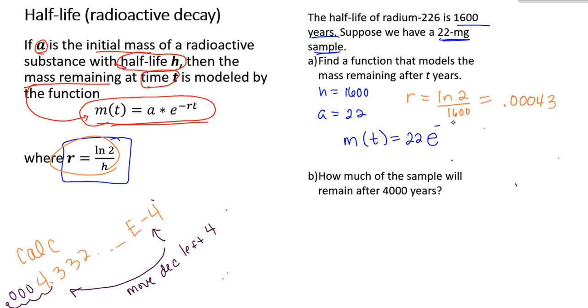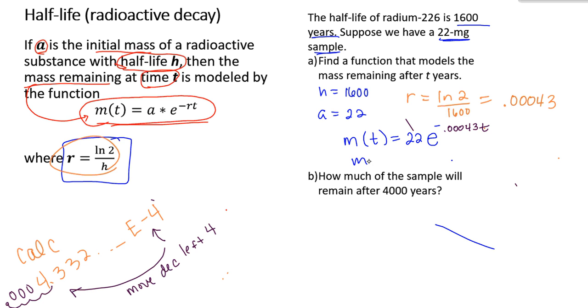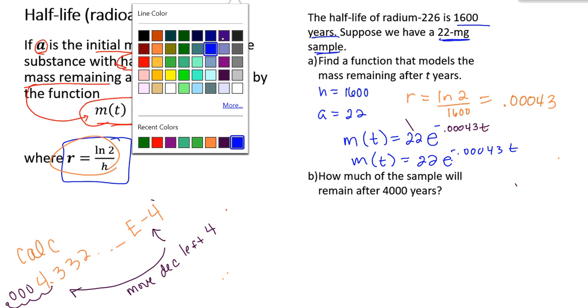Okay, finishing out our formula, that means right here is going to be 0.00043, and then a t on the end. So the final formula, m of t equals 22 e to the negative 0.00043 t. How much of the sample will remain after 4,000 years? Okay, that's a t.